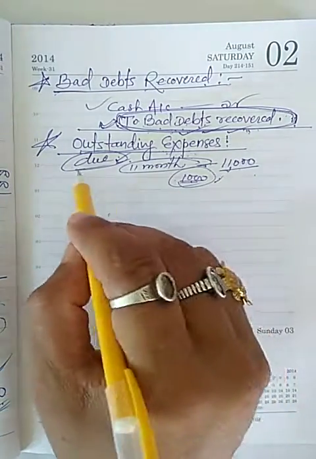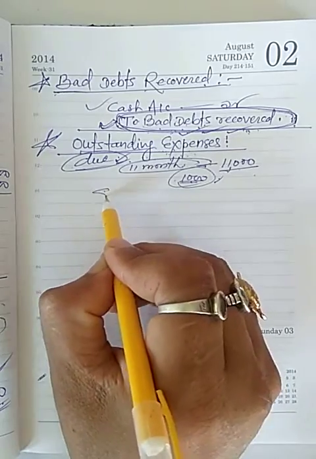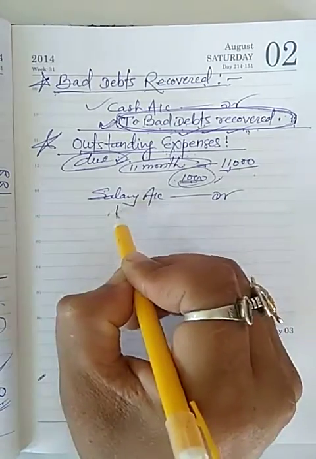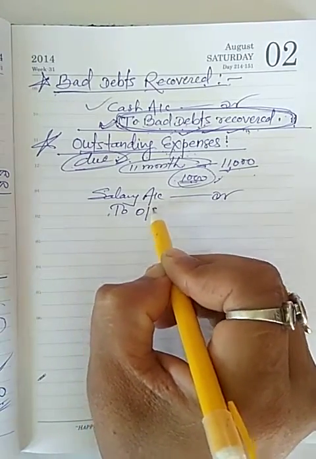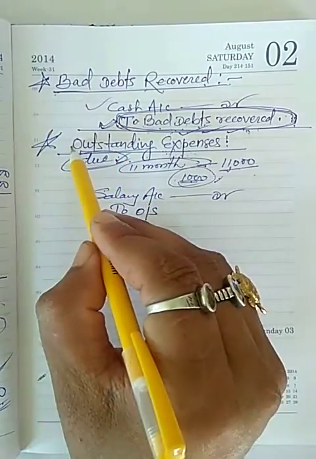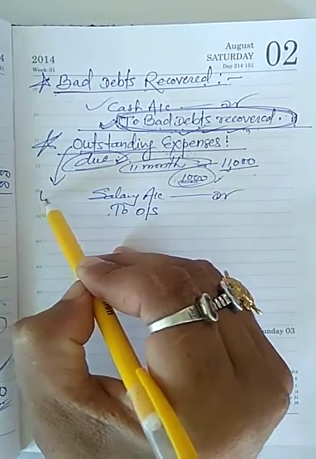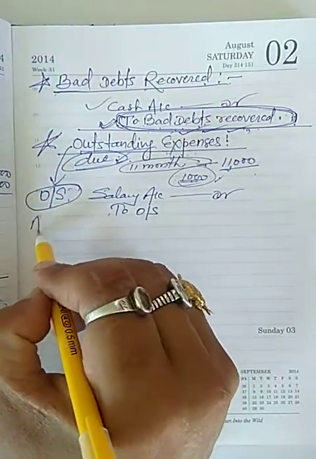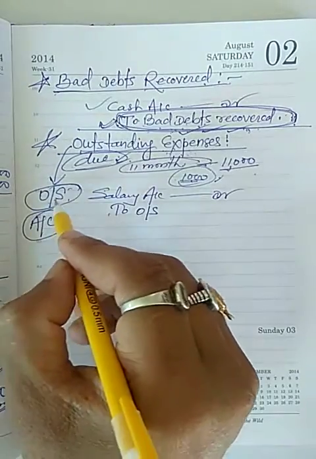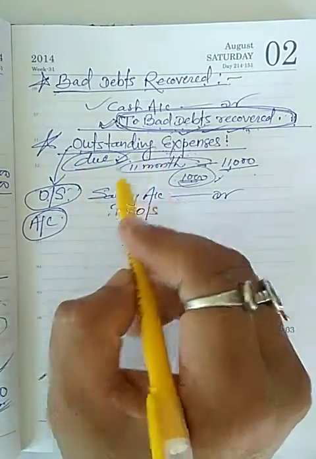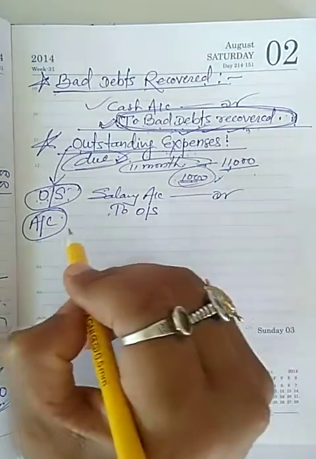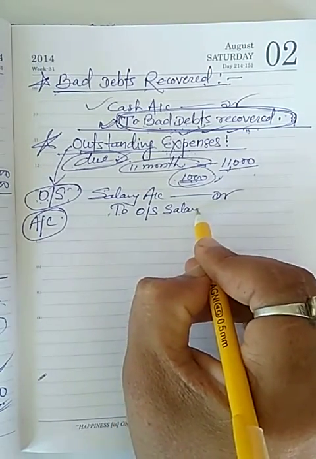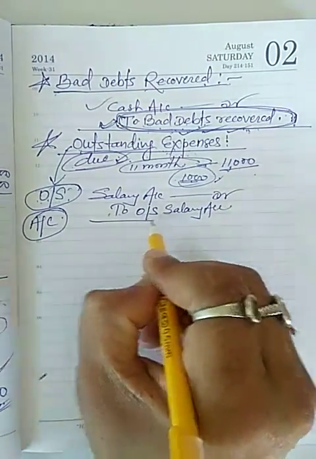Therefore, the journal entry will be salary account DR to outstanding salary account, outstanding written in short form as O/S, 1,000.